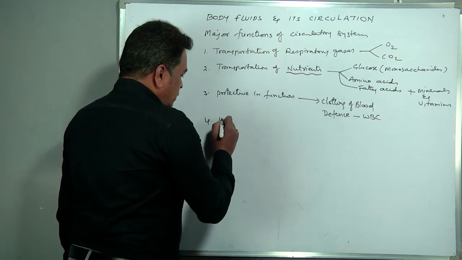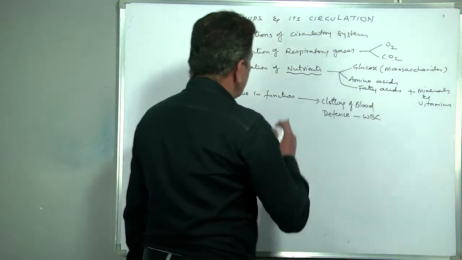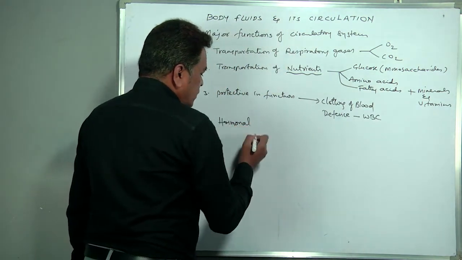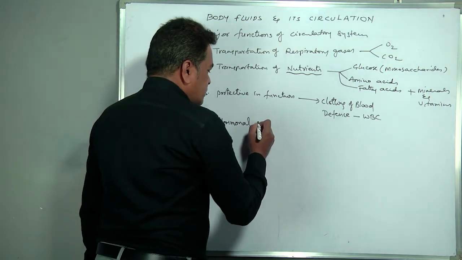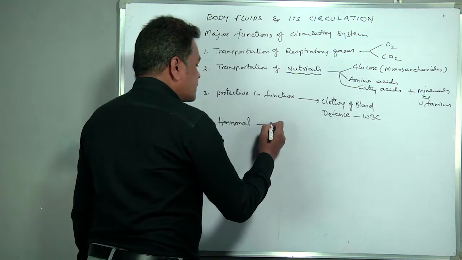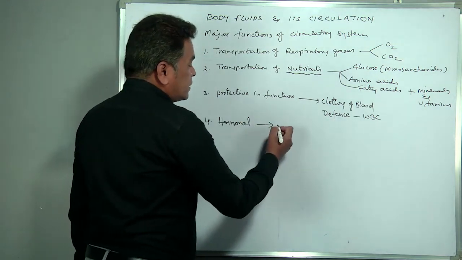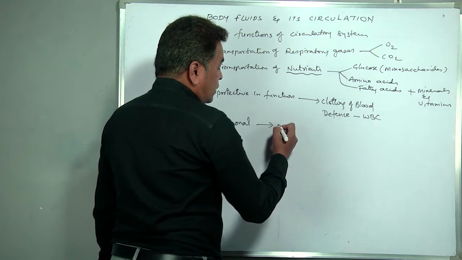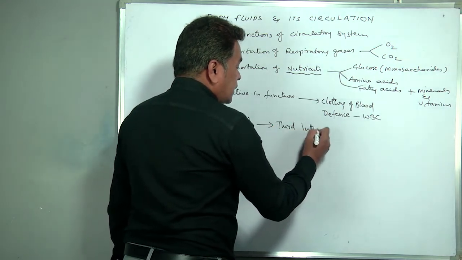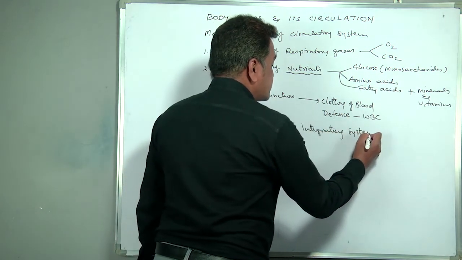Then here, hormonal. So here you can add nutrients plus, okay, I will add here hormonal function. Hormonal transportation. That means therefore we can say it transports hormones. Therefore we can say it forms a third integrating system. Why?